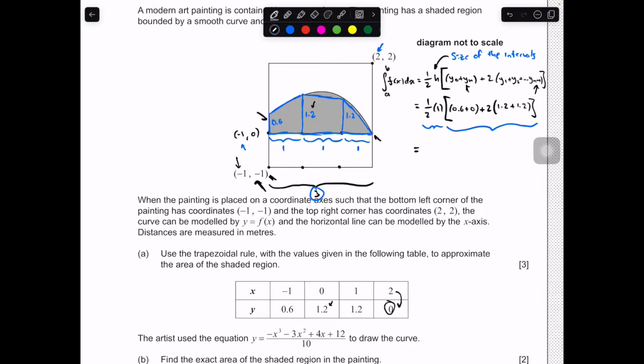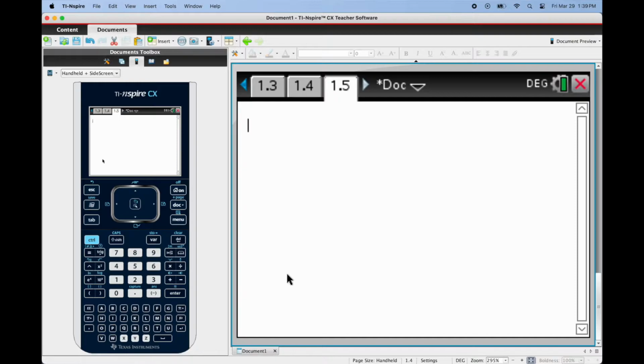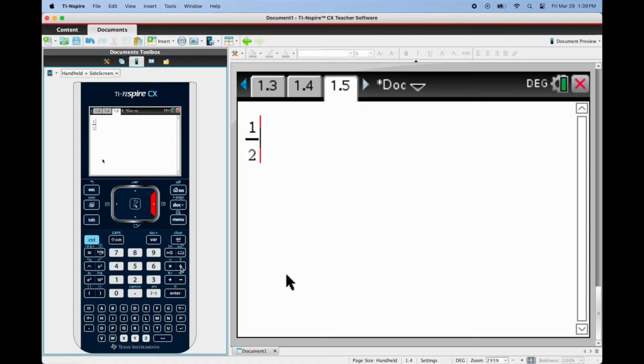Okay, let's go to the calculator and find the value. Get a new screen. And so we have 1/2. Let's get a fraction, I suppose. 1/2 times 1. We don't really need to put that 1 there, so I'm going to skip it. And let's get double brackets. So we have 0.6 plus 0, again not entirely necessary, plus 2 times 1.2 plus 1.2.